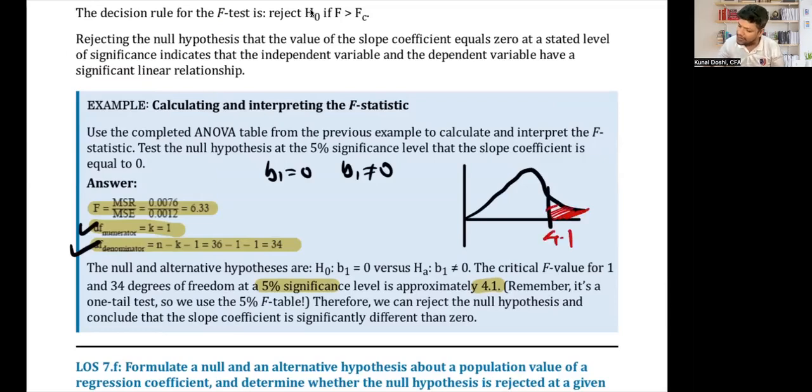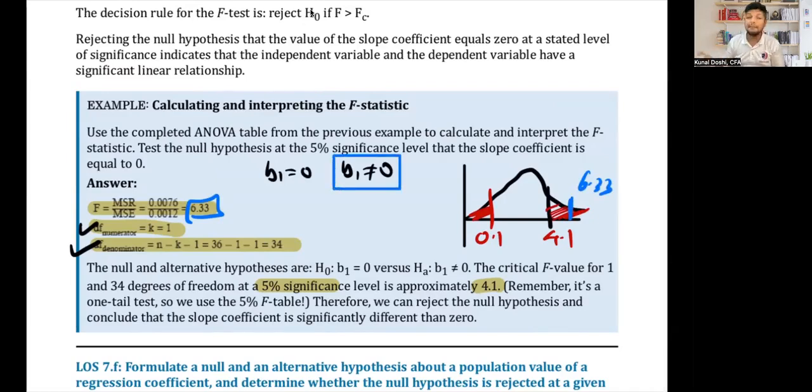So if it is 4.1, the downside will be 0 point something. And you know, F distribution is always greater than 1, so we don't always calculate the downside. Now, our test statistic is 6.33, which will be somewhere here. So automatically, I will say the null is rejected.